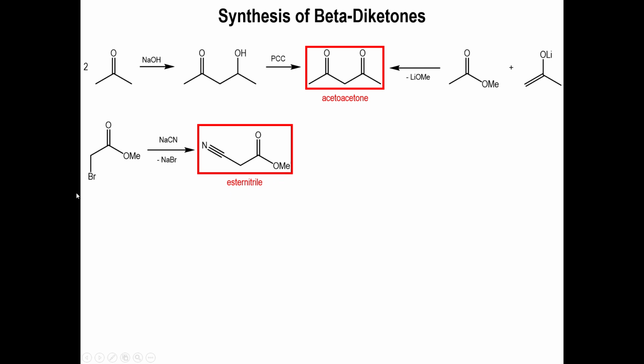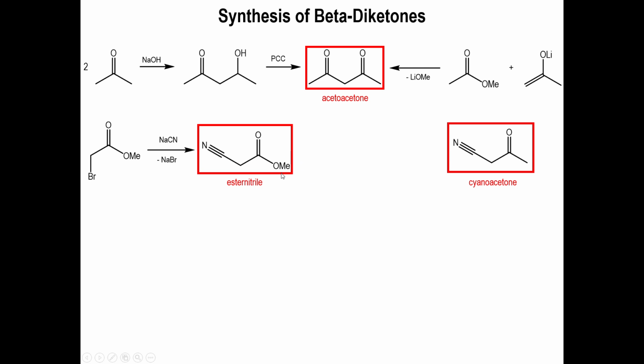And you may recall the monobrominated product is something you can make easily via the Hell-Volhard-Zelinsky reaction, or alternatively through its derivative using thionyl chloride and alcohol to end up with the ester at the very end. So this is a very nice simple step to get to this molecule.